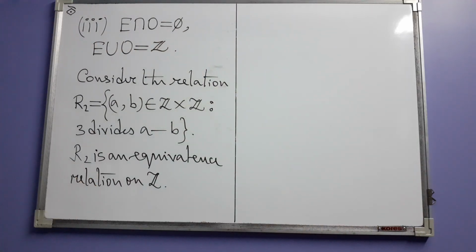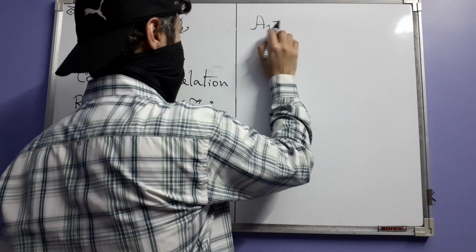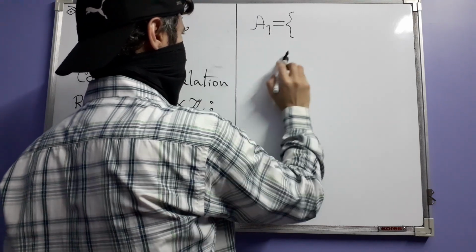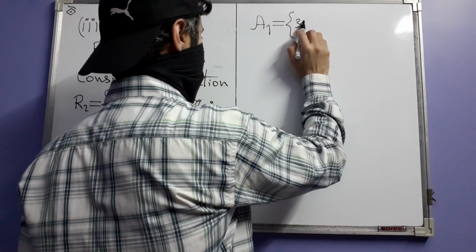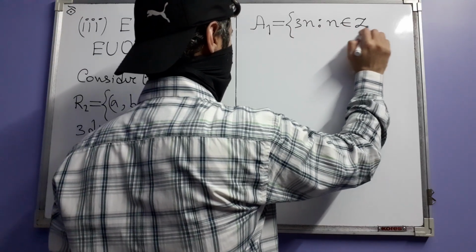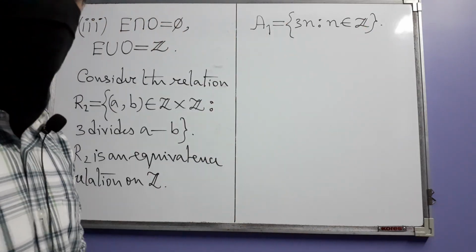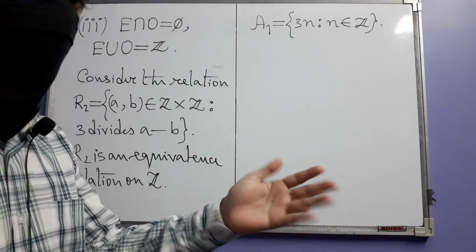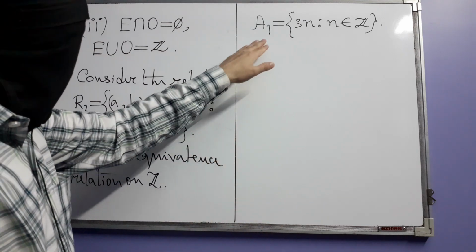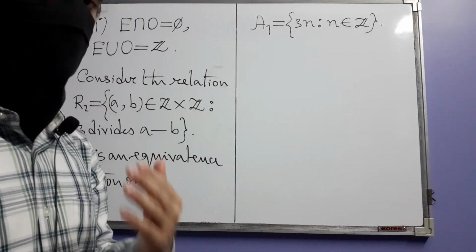In case of this relation, let us consider these 3 sets. Let A1 be the set of all integers of the form 3n, where n itself is an integer. So that means A1 is the set of those integers that are divisible by 3.